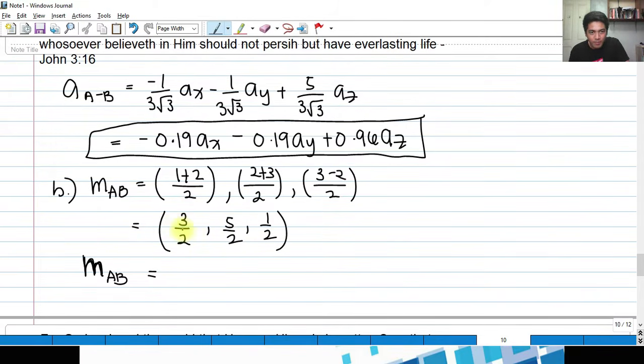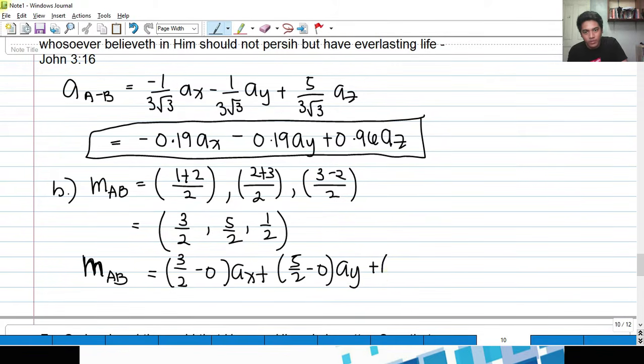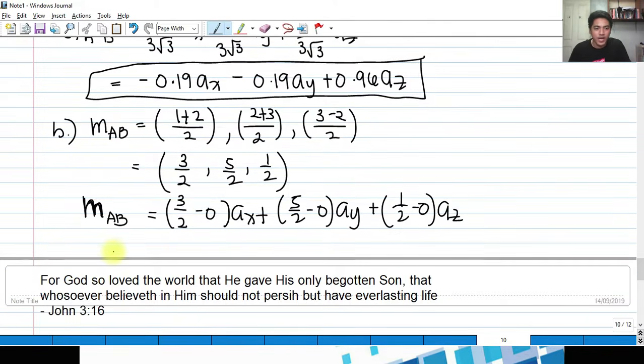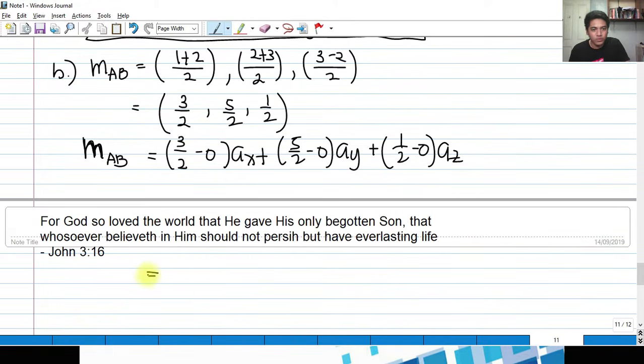This is the terminal point and the initial point is the origin. So that's simply 3 halves minus 0 ax plus 5 halves minus 0 ay plus 1 half minus 0 az. So that is equal to 3 halves a sub x plus 5 halves a sub y plus 1 half a sub z.